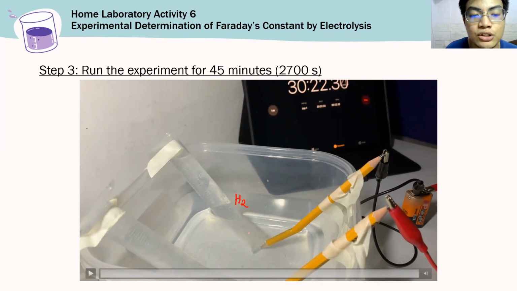So this is your reduction or the cathode compartment. This is where your hydronium ions get converted into hydrogen gas. So this is your cathode. Again, run it for 45 minutes.